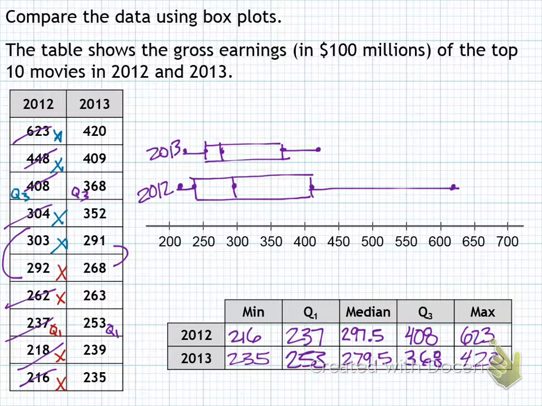There's even lower values, so the number 10 movie in 2012 actually earned less than the number 10 movie in 2013, but the top two movies both earned more in 2012 than the top two in 2013. So that just kind of shifts the data. So lots that we could talk about here.